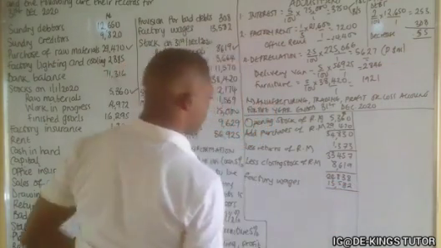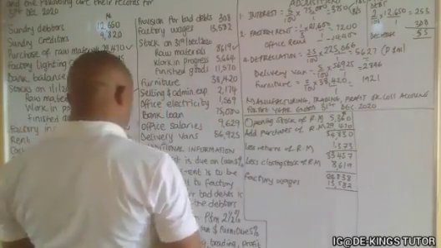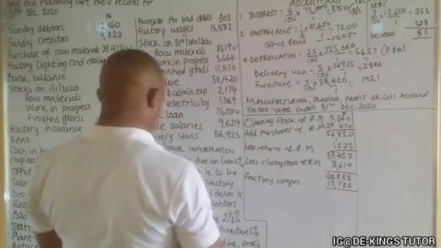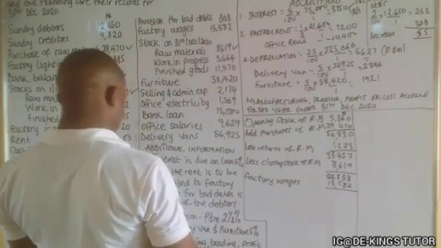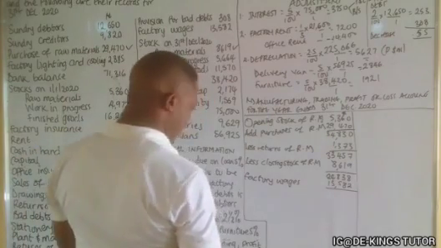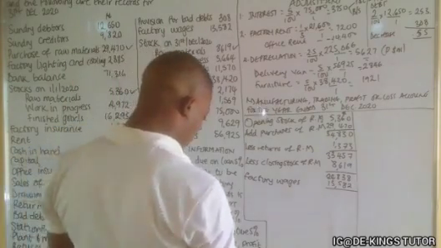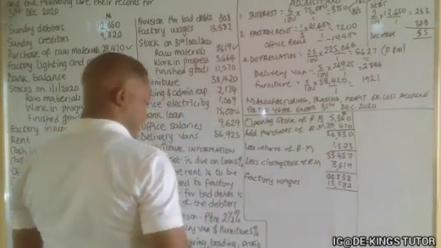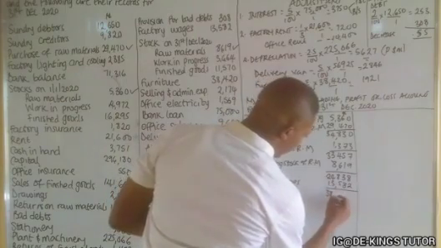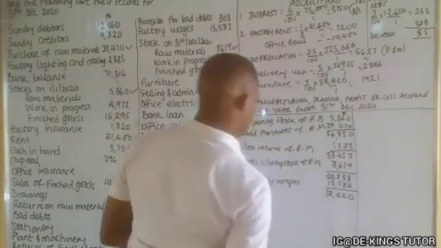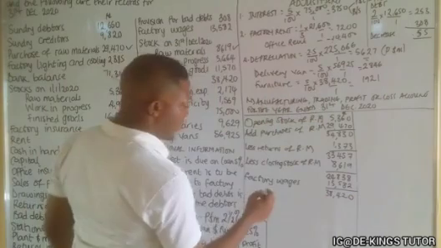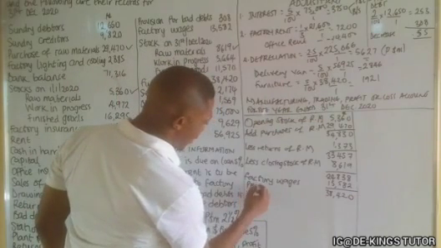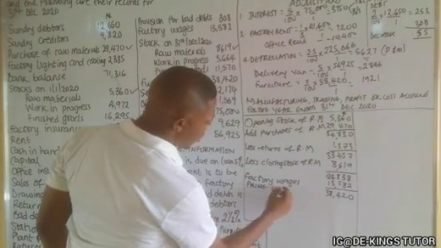So no other direct expenditure there. So we have 13,582 plus 24,838. So we have 38,420. Okay? Now that becomes our prime cost.